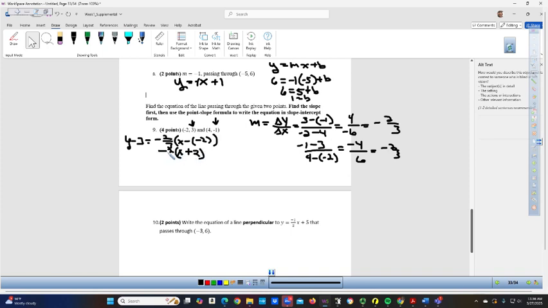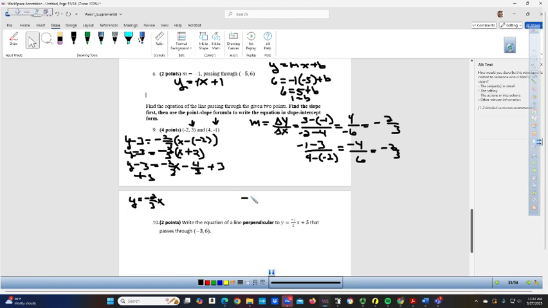And we have y minus the 3 equals -2/3 times x plus 2. So now we can distribute and we get -2/3 x minus 4/3. And now we just need to add 3 to both sides. Okay, so we get y equals -2/3 x.